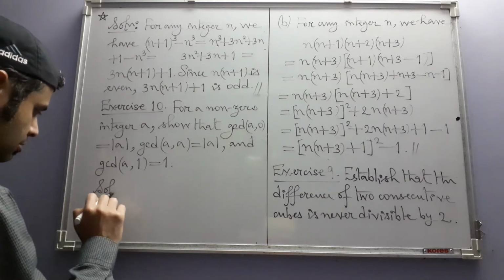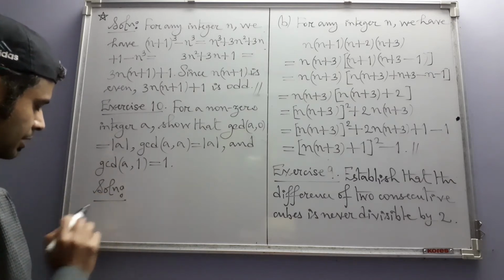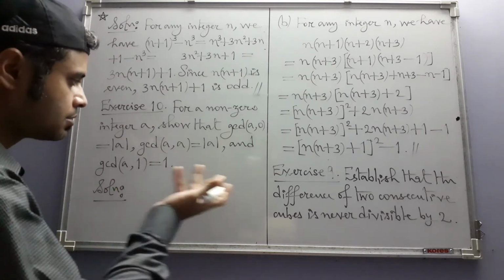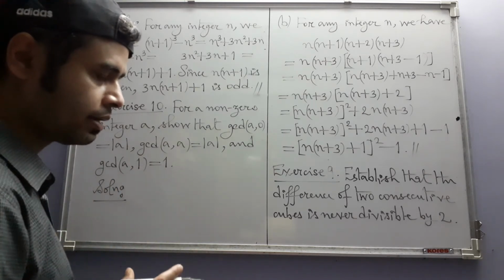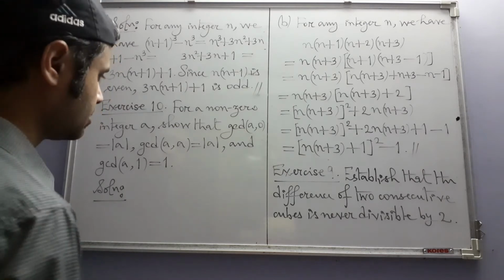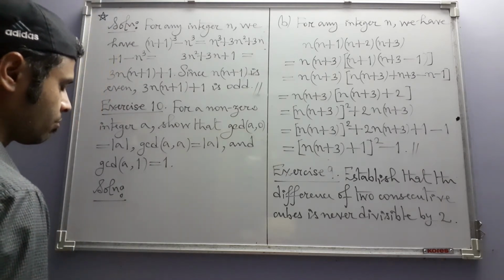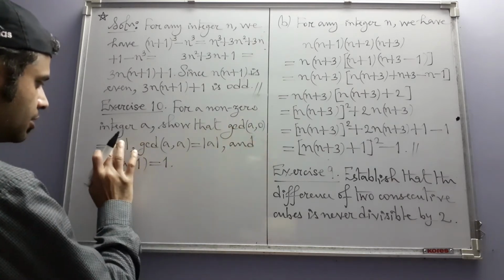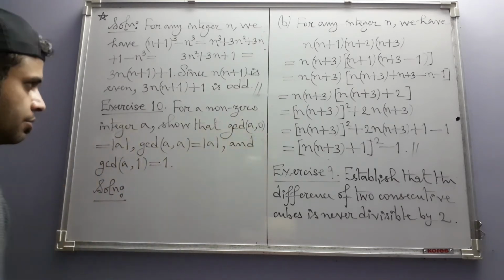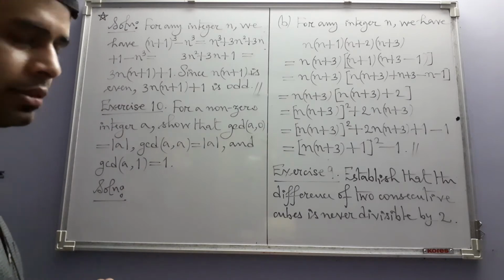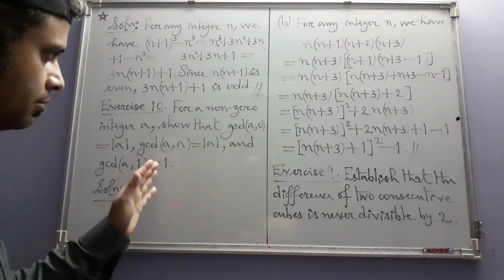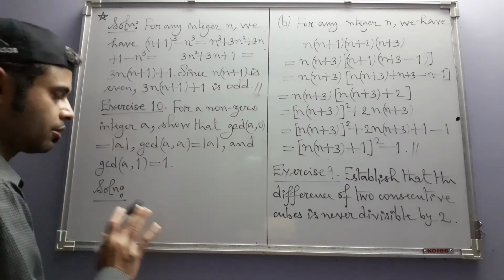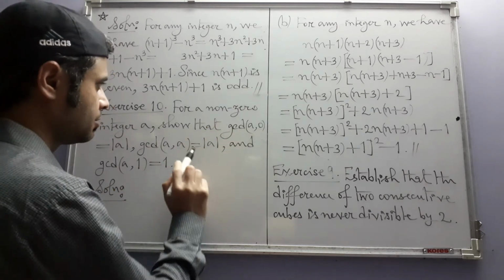Okay, this won't be that difficult. I mean, these things will follow very likely from the definition of GCD itself. Okay, so first we show that this is equal to this. Keep in mind there are one or two things here to note before we solve this exercise.